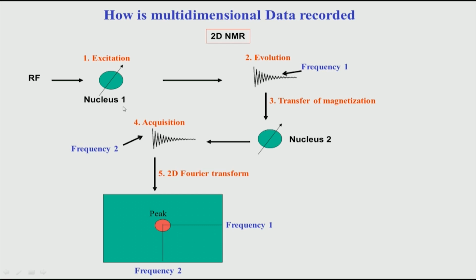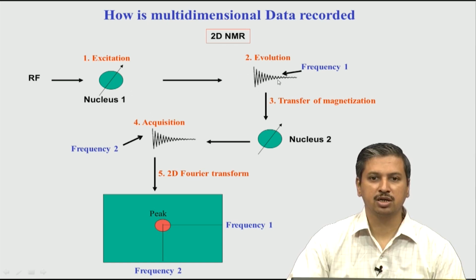So, if nucleus 1 has frequency 1 and nucleus 2 has frequency 2, because of this joint FID kind of detection, when you do a Fourier transform, frequency 2 comes here like a 1D, frequency 1 is also 1D, but together they give a cross peak at this position, which corresponds to frequency 1 here and frequency 2 here.